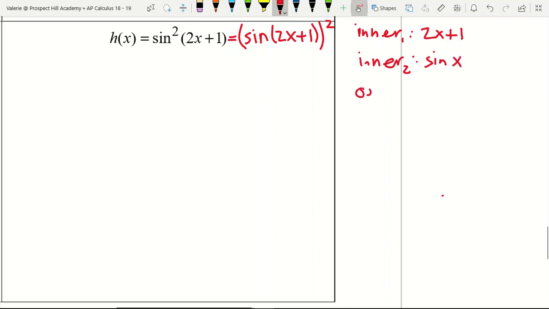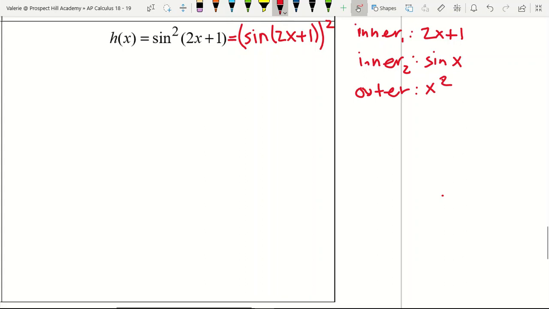And then our outer function is x squared. All right, so then we're going to need to take the derivative of all three of these functions.